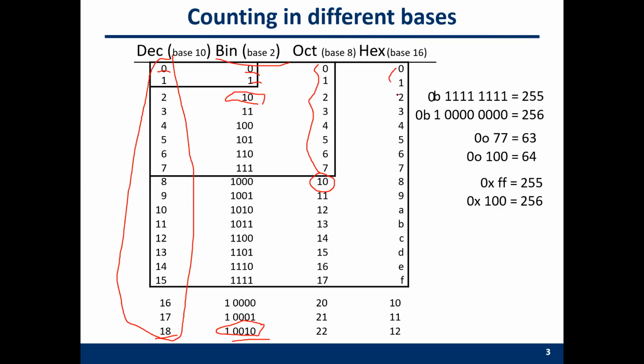And then we have base 16 here. We also have 16 symbols from 0 to F. F is 15. So if we want to have a decimal 16, we need to write 1 0 here.